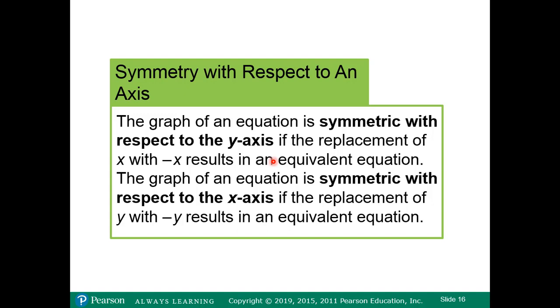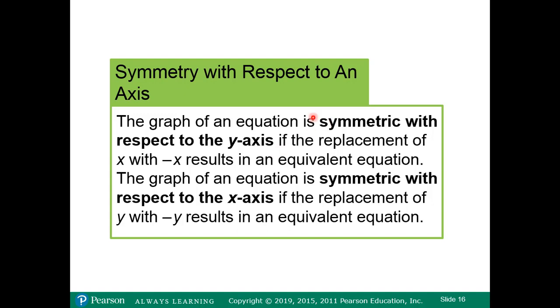Now, symmetry with respect to an axis is, if we can fold it across an axis where the left and right, or up and down, or both sides of the axis are the same.